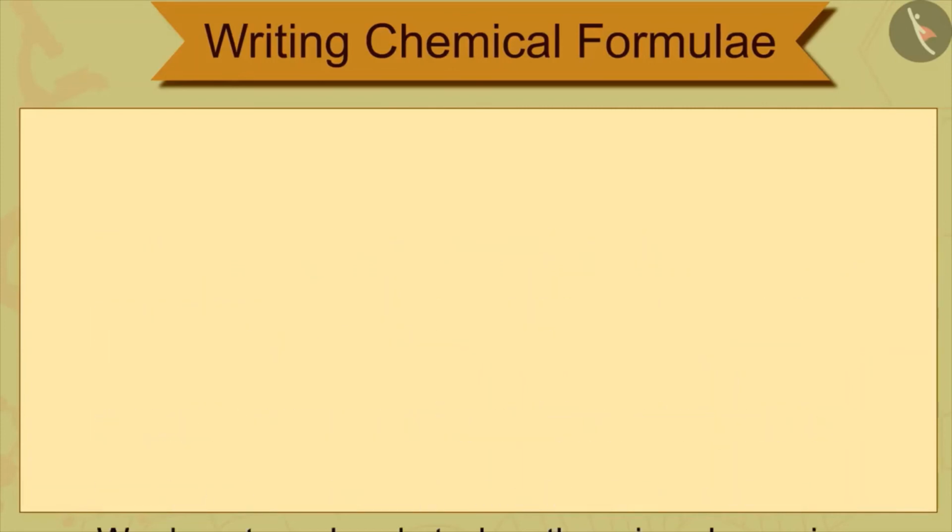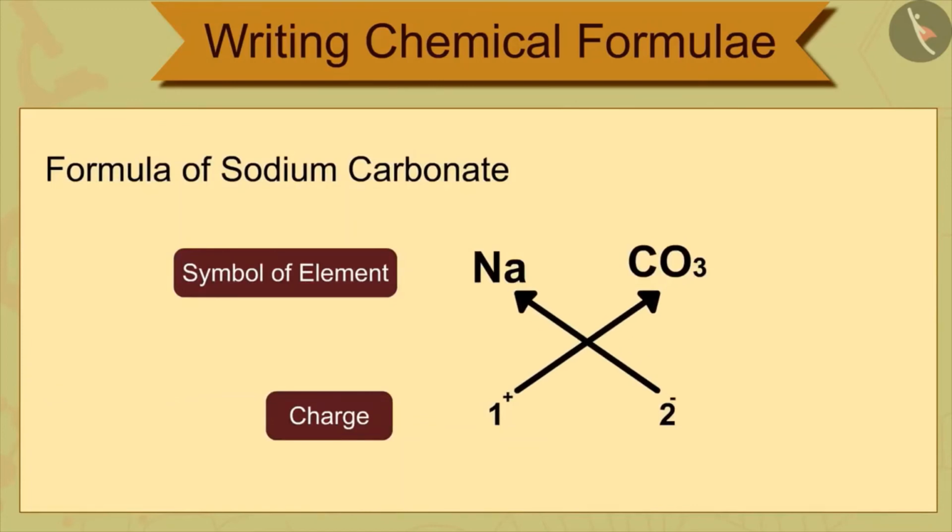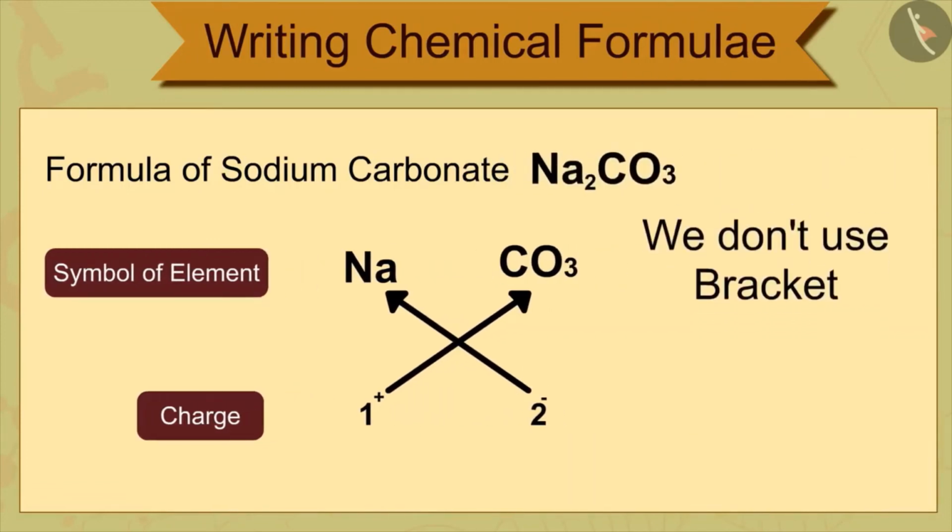For example, in one molecule of sodium carbonate, there are 2 sodium ions, Na+, having 1 atom, and only 1 ion of polyatomic carbonate ion, CO3 2-. Therefore, we do not use brackets for the polyatomic ion CO3 2- in its formula Na2CO3.